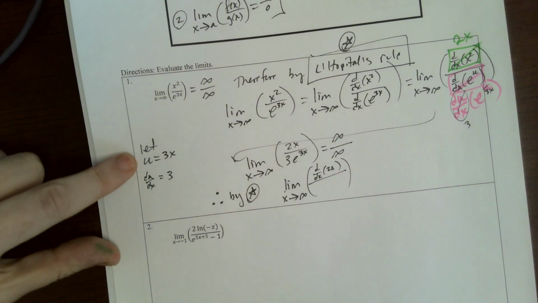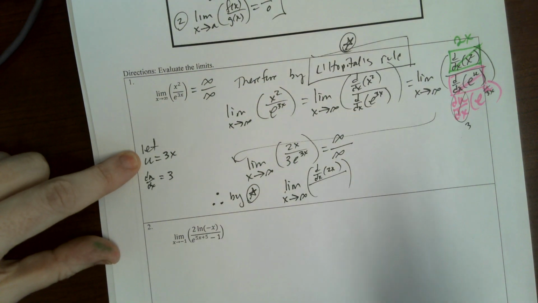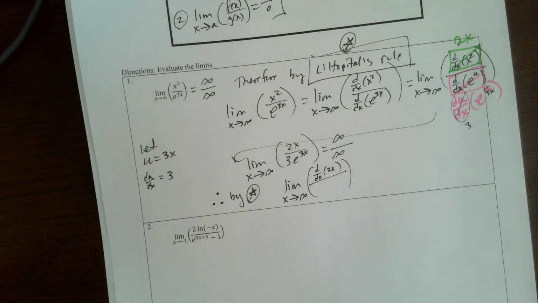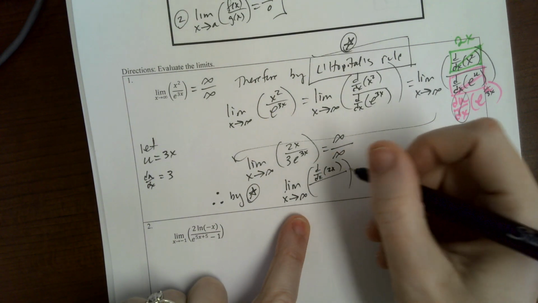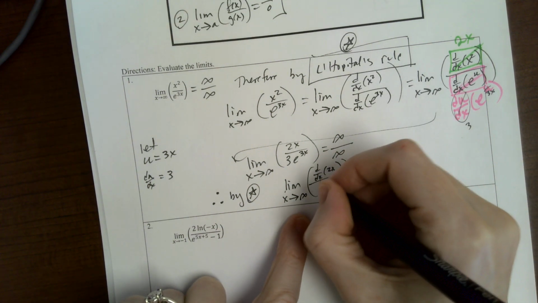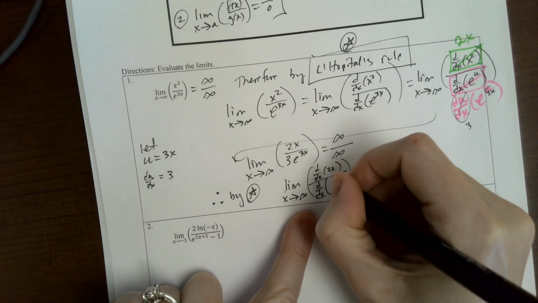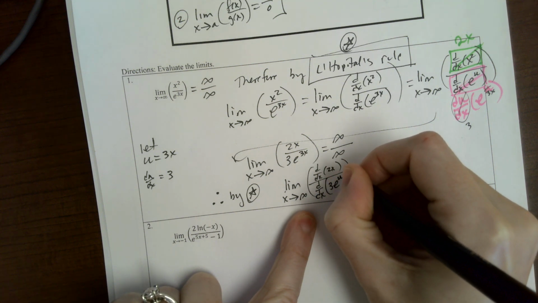So this 3x, remember over here, that's u, so I'm just going to let it be u again. It's the same u. So even though I'm doing a different chain rule, I'm still using the same u. So down here, I'm going to go d dx, and then that's 3e to the u.